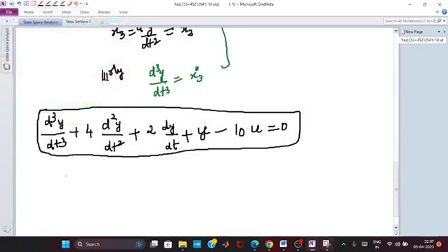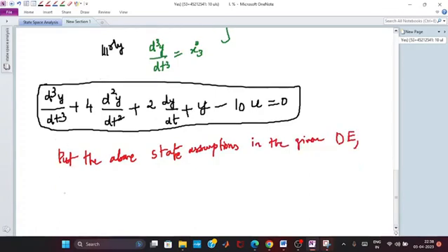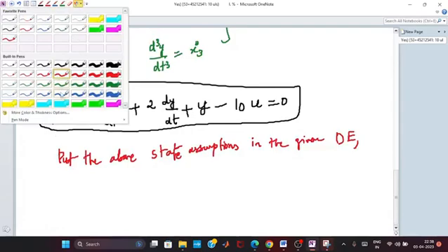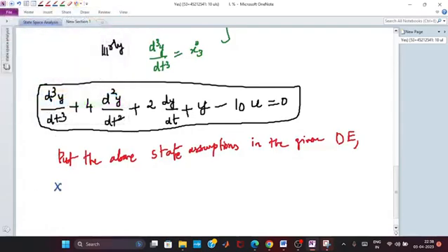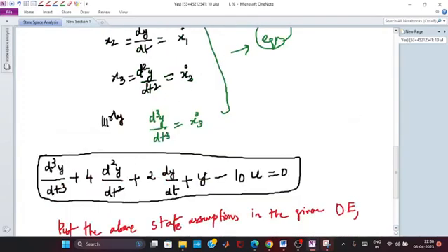Very easy: put the above state assumptions in the given differential equation. What is d cube y divided by dt cube? That is x3 dash. So x3 dash plus 4 times d square y by dt square, which is x2 dash, or the state variable x3.